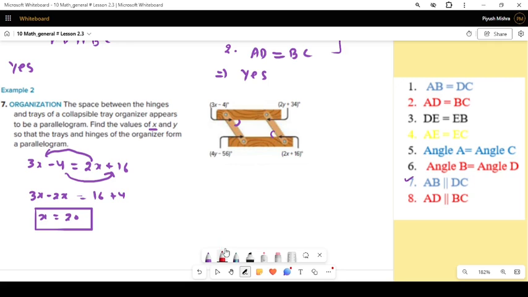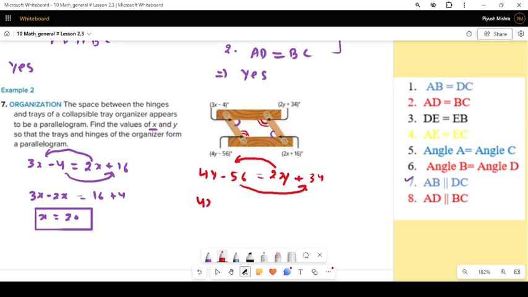Now I am changing the color. I am going to find the value of y. In the same way, this red and this red will be equal as it is a parallelogram. Okay, so let's start here. So I will be writing here 4y minus 56 will be equal to 2y plus 34. Okay, same process. Change this one over here and transfer this one over here.